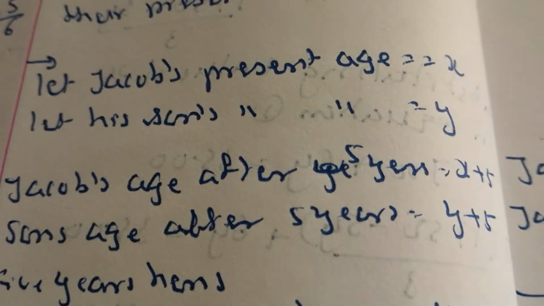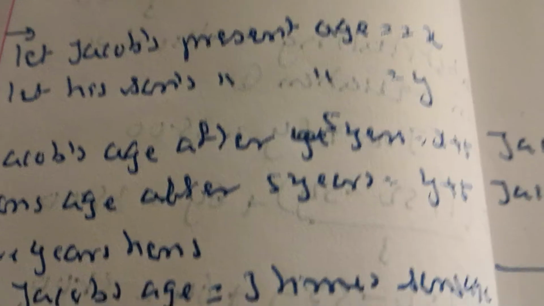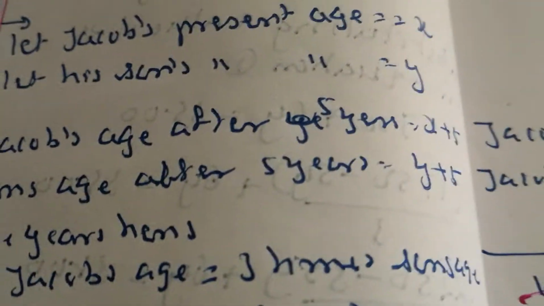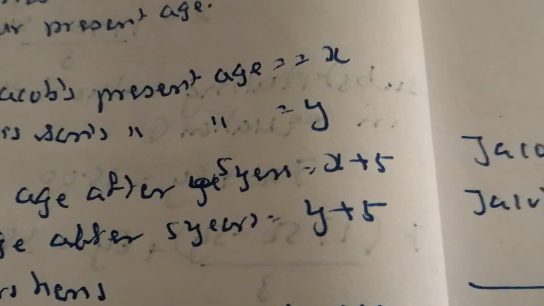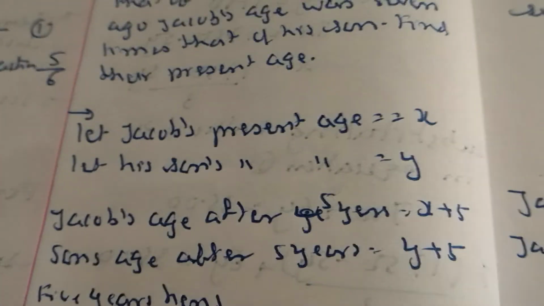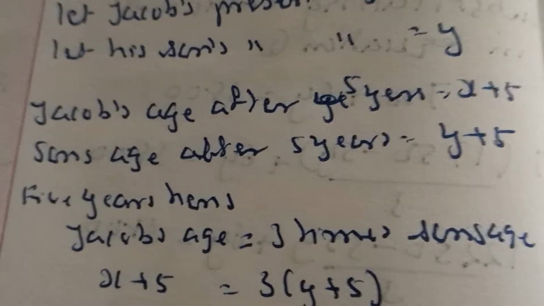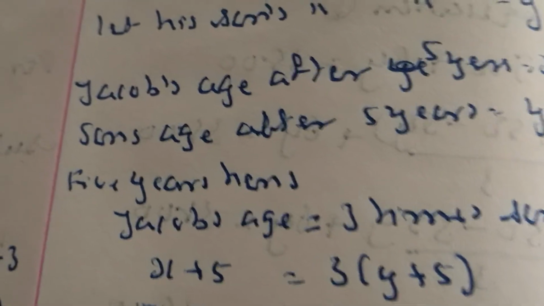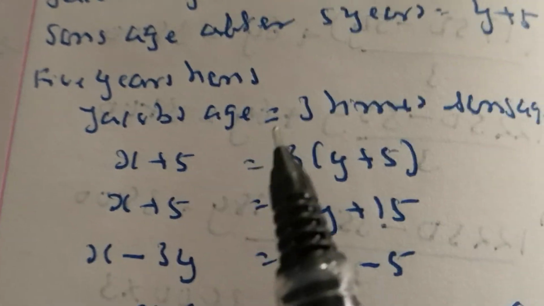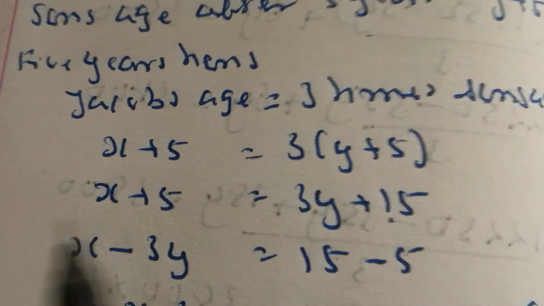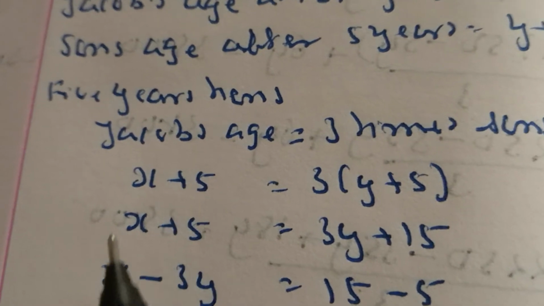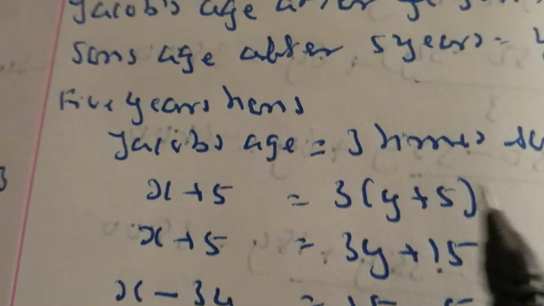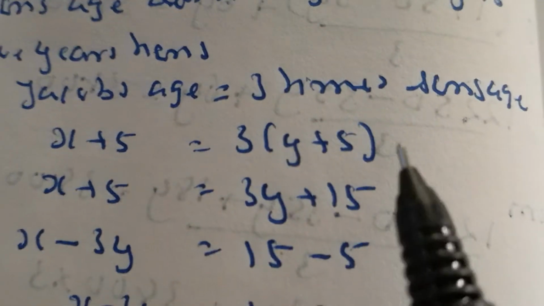Now Jacob's age after 5 years, that is x plus 5, and his son's age after 5 years, that is y plus 5. So 5 years hence, that is after 5 years, Jacob's age is equal to 3 times son's age. Now dear friend, Jacob's age was x plus 5 and 3 times son's age, that is 3 into (y plus 5).